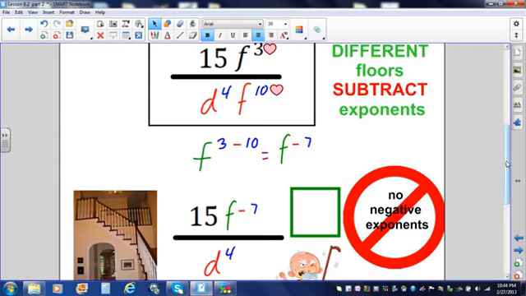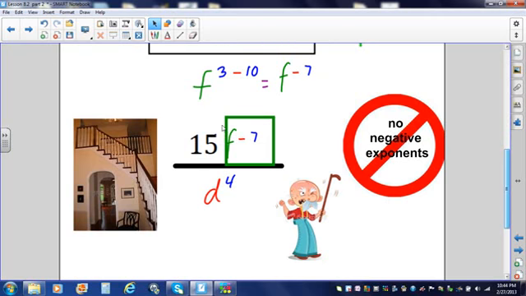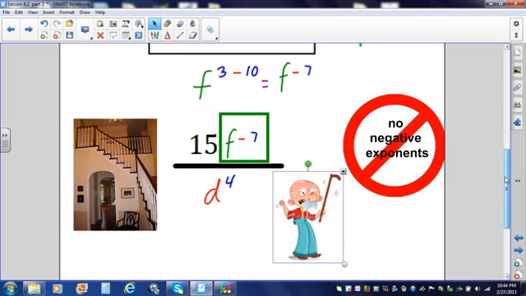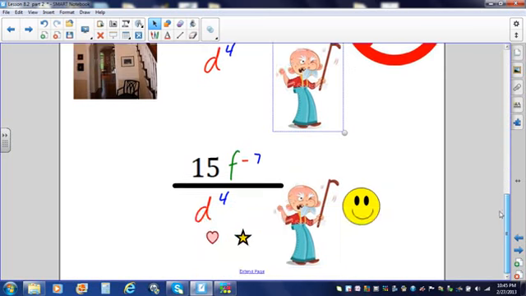Remember earlier we said you cannot have negative exponents. We have a negative exponent. And now we have a grumpy old man. So what do we do? We take that f to the negative 7 and we are going to move it down to the bottom.